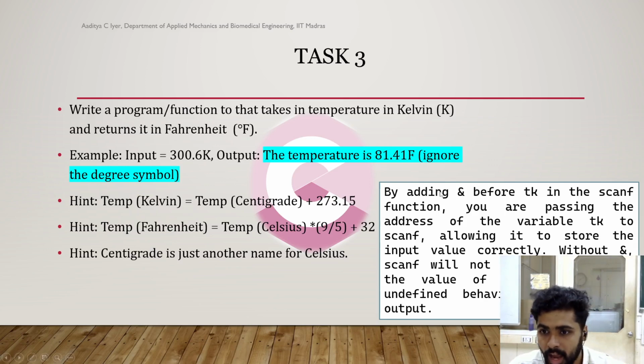Okay, and in that video we saw that adding the AND is necessary when you pass variables in scanf. Okay, because you want to pass the address, not the value. Because if we just pass the value, then, let's say my temperature Tk is 30 and it's stored at address 413, let's just say.